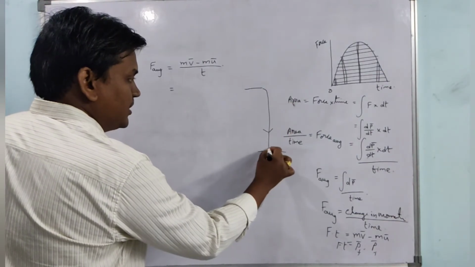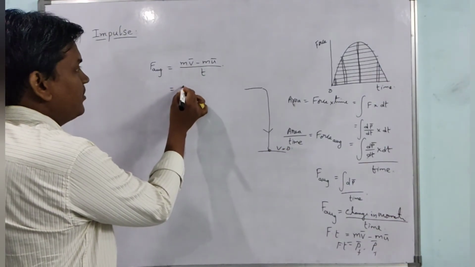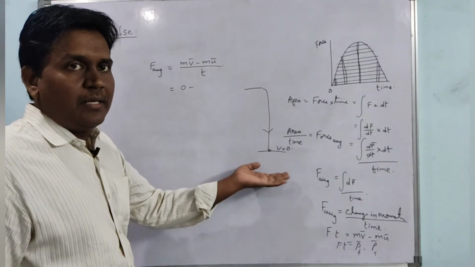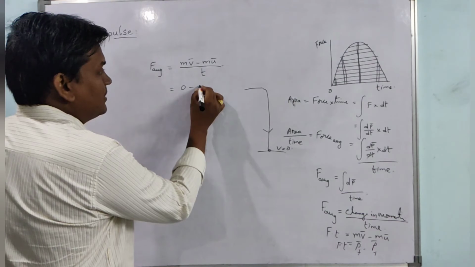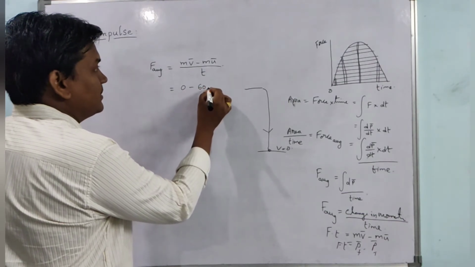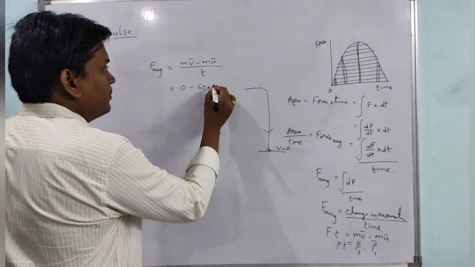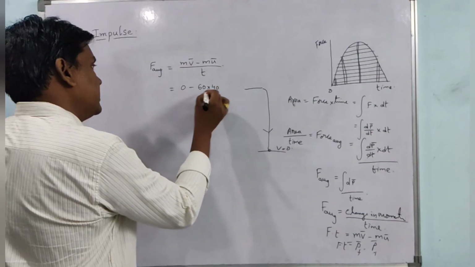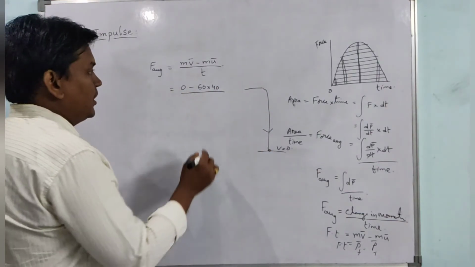So if the person is jumping, the final velocity of the person will be 0. That means mv bar will be 0, while reaching the ground he will be at rest. Consider the person's weight as 60 kg and he is coming with a velocity of 40 meters per second, and in a fraction of a second, say 0.5 seconds, he will hit the ground.